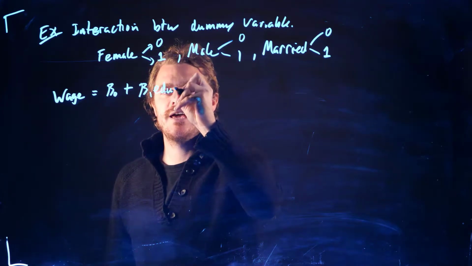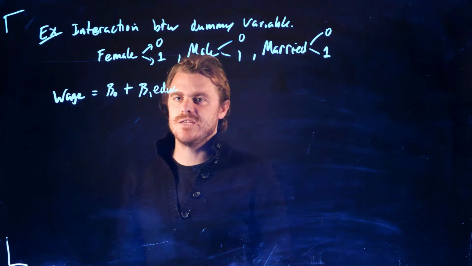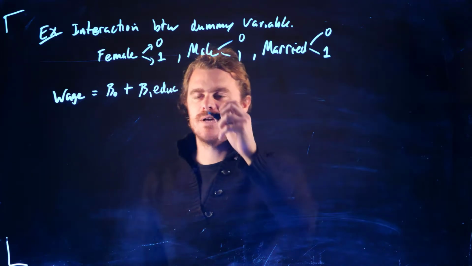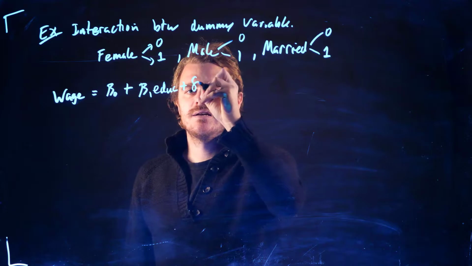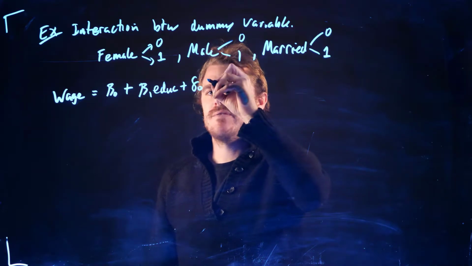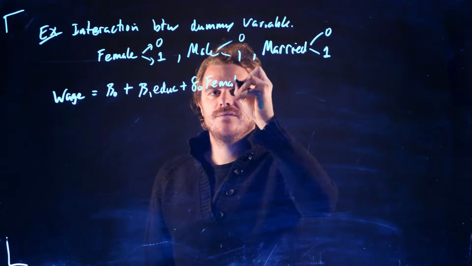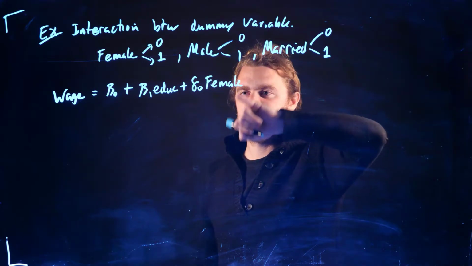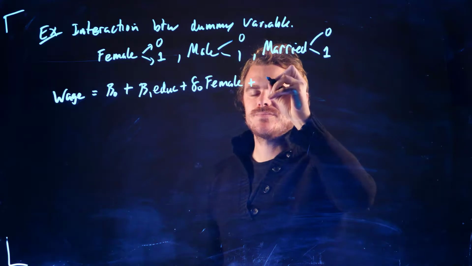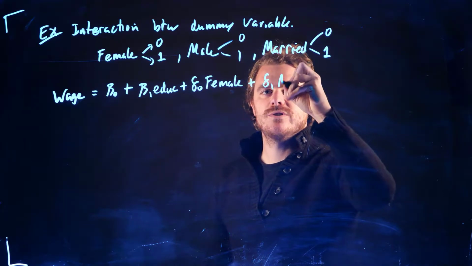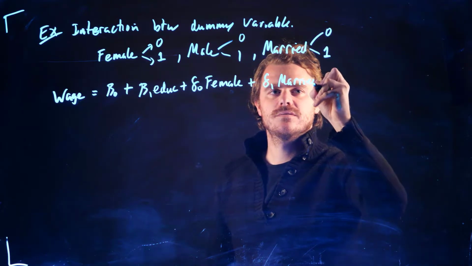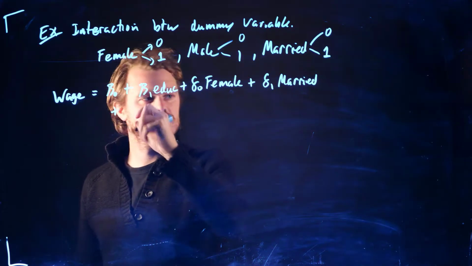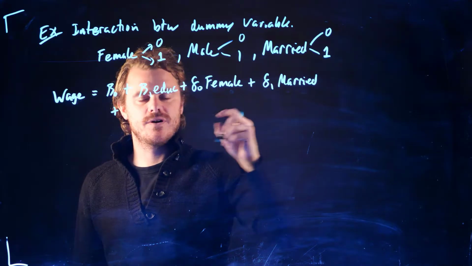Maybe we have education in there again. Let's just have one continuous variable, so the diagram won't be too bad. So let's say I have a first dummy variable, female. This is a dummy variable, 1 if you identify as female, 0 if not. Let's have another one which is married. This is 1 if you're married, 0 if you're not.